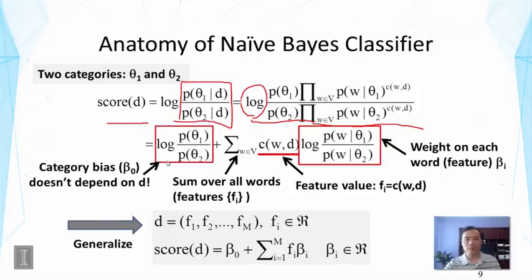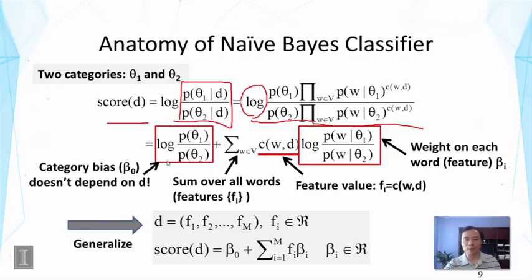And then our scoring function can be defined as a sum of a constant beta 0 and the sum of the feature weights over all the features. So if f sub i is a feature value, then we multiply the value by the corresponding weight beta sub i, and we just take a sum. And this is to aggregate all the evidence that we can collect from all these features.